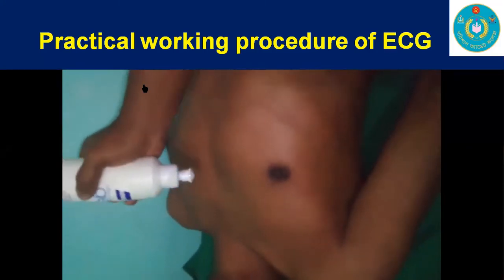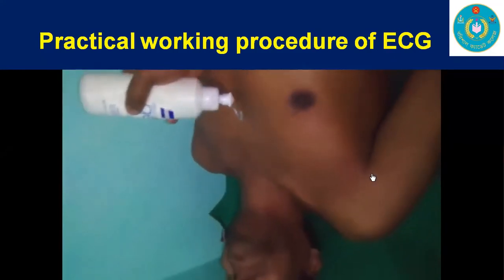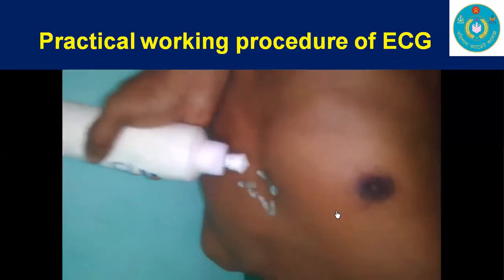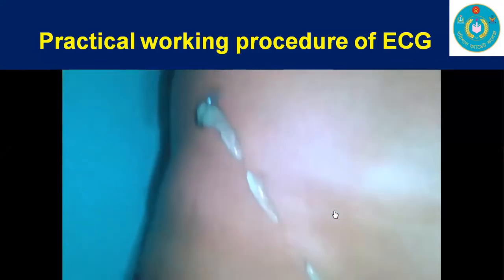Now we are going to discuss the practical working procedure of ECG. Look at this video, by which you will be able to understand the working procedure of ECG. ECG is electrocardiogram.